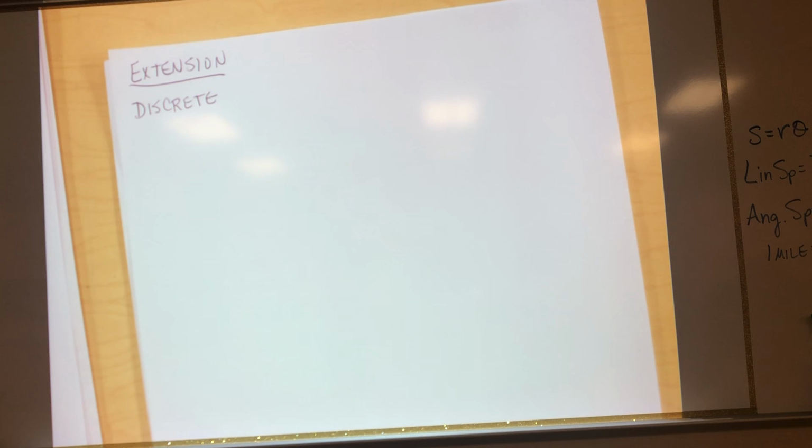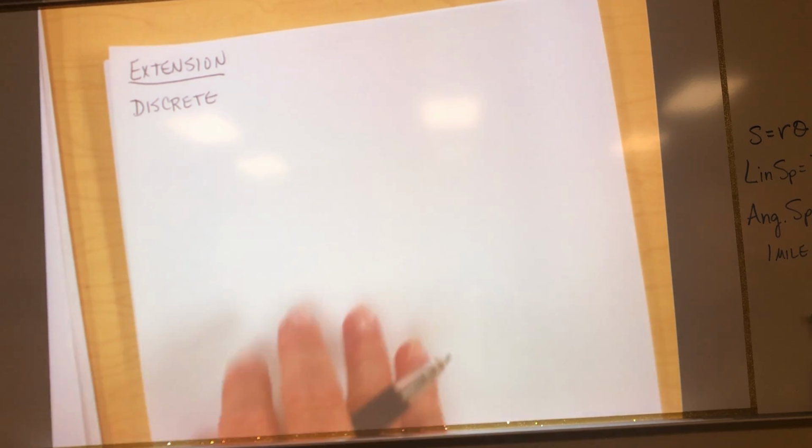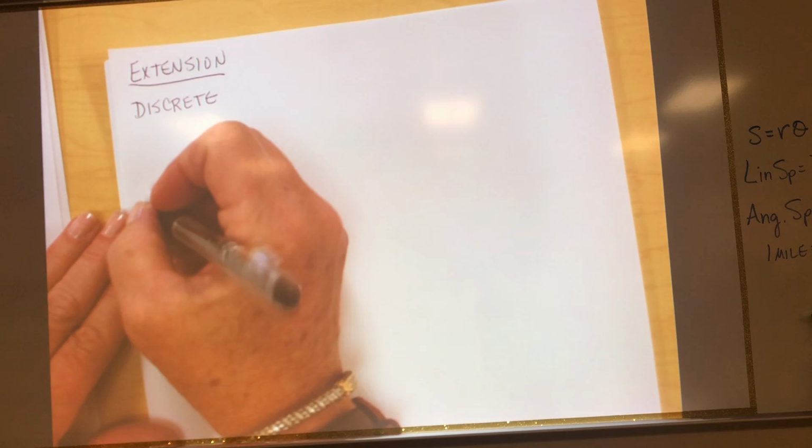We're gonna talk about discrete functions, and we're gonna talk about continuous functions. Discrete and continuous. I was making sure I spelled it right, because I'm not a good speller.